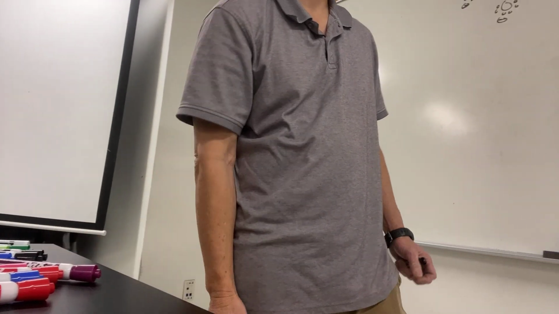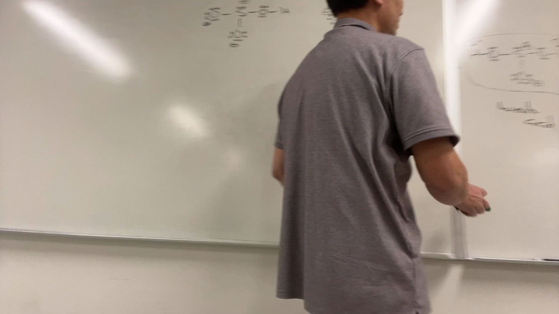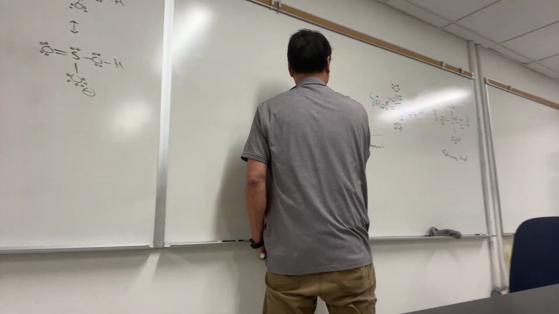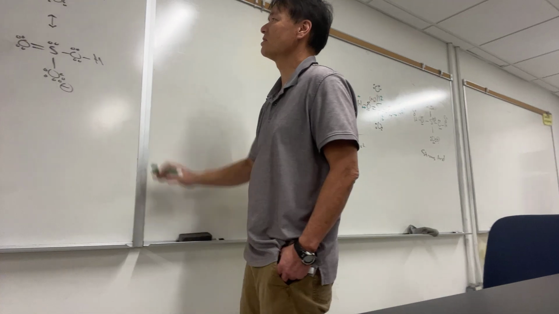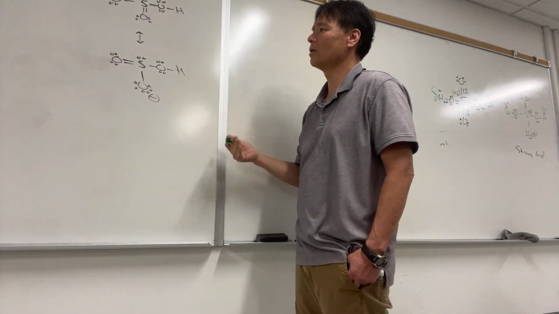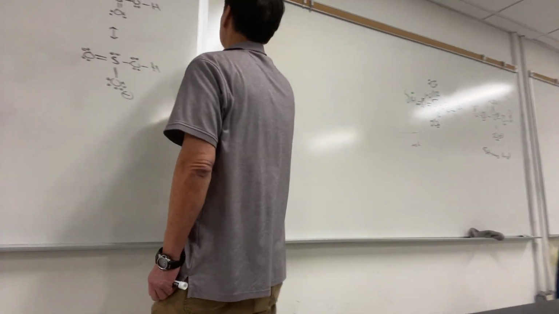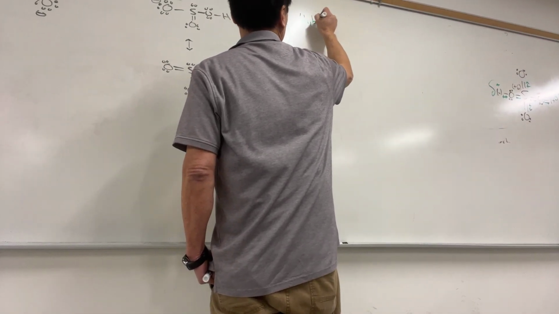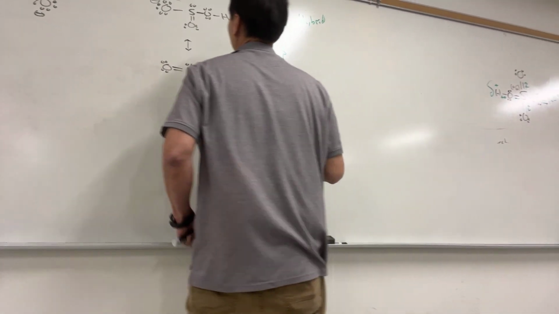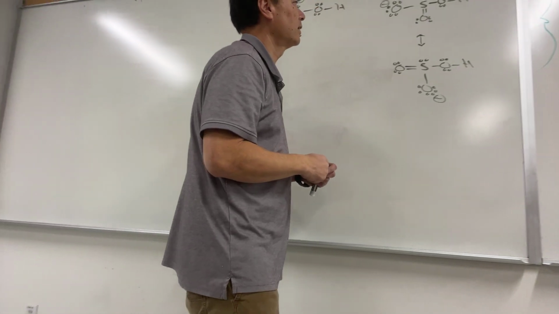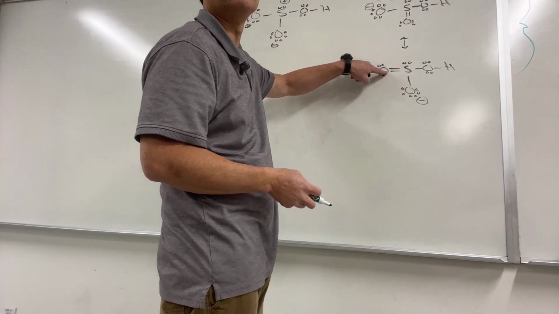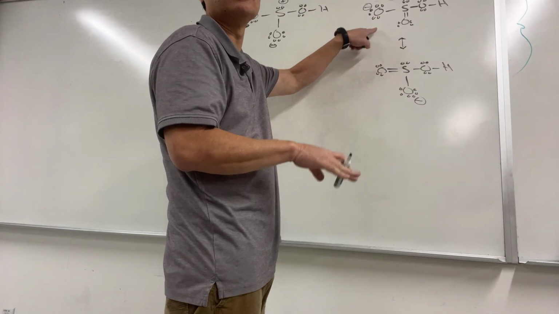The resonance hybrid is going to be the most accurate representation of the structure. Anyway, the more resonance forms we can draw, the more stable it should be. But what will the hybrid look like? When we look at the hybrid structure, it's not a single, it's not a double. It's in between a single and a double. What's in between a single and a double?